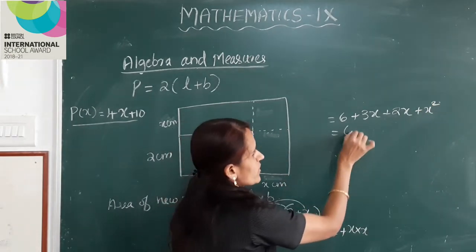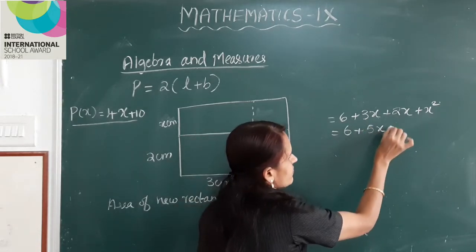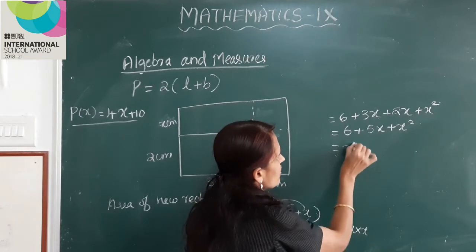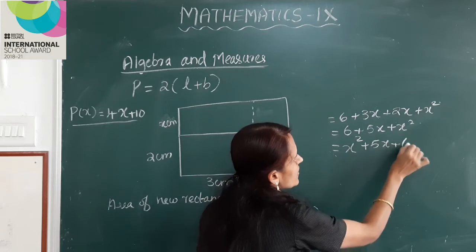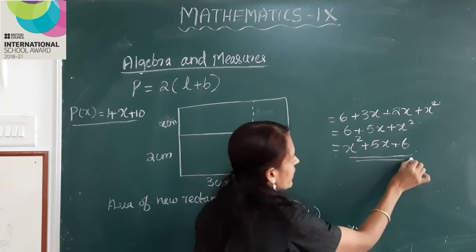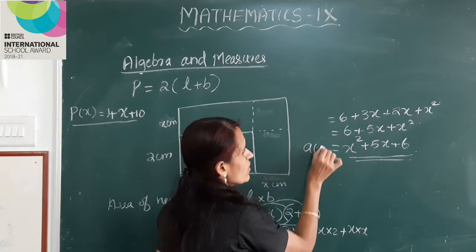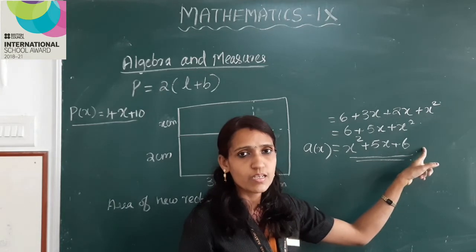This is equal to 6 plus 3x plus 2x, 5x plus x square. This is equal to x square plus 5x plus 6. So, area of the new rectangle is equal to x square plus 5x plus 6.